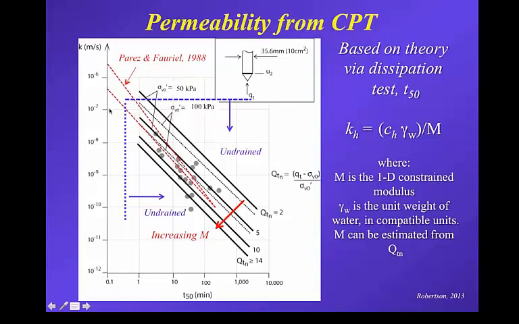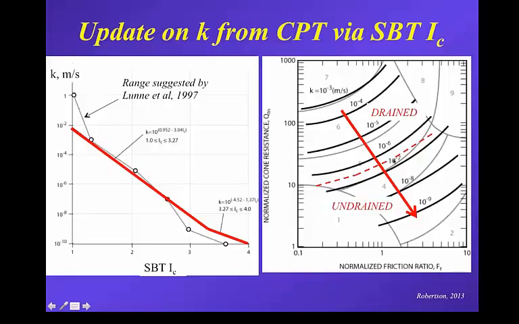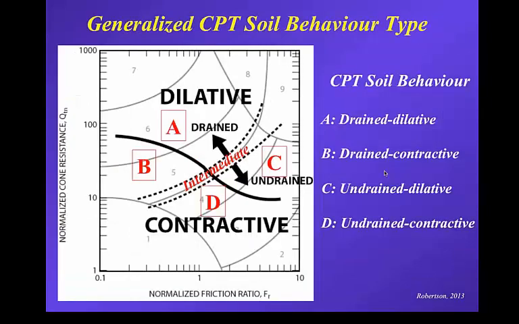And then if I simplify that with the red relationship, I can actually show the contours of permeability like these IC contours on the soil behavior type chart. If you go back, you notice that the limit of undrained penetration is normally about 10 to the minus 7 meters per second, maybe somewhere between 10 to the minus 7 and 10 to the minus 6, but conservatively at 10 to the minus 7.